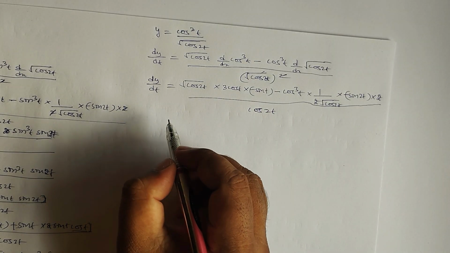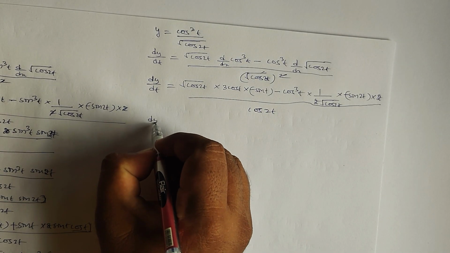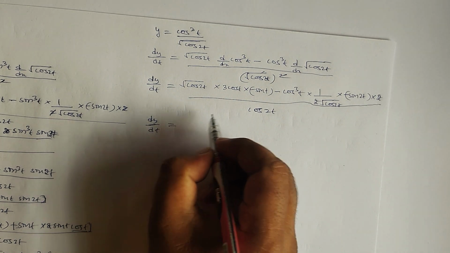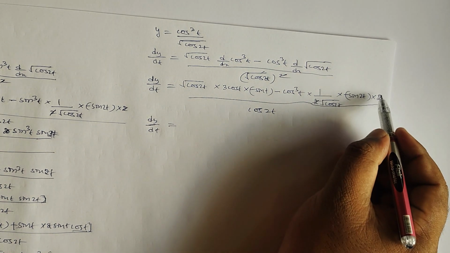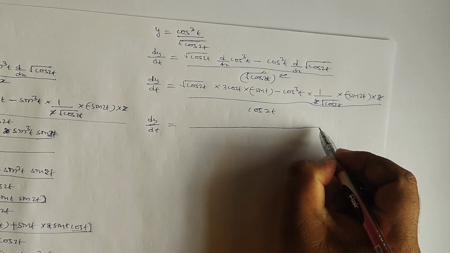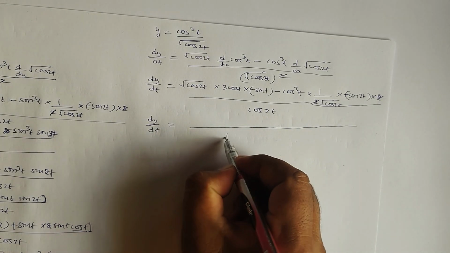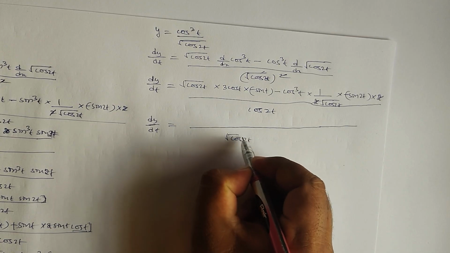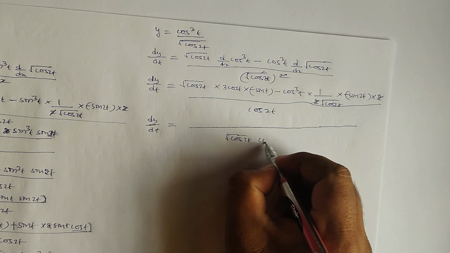Okay, right, that is equal to dy by dt equal to, take the LCM here, the 2 to get cancelled. Same method, root cos 2t is the LCM into cos 2t.